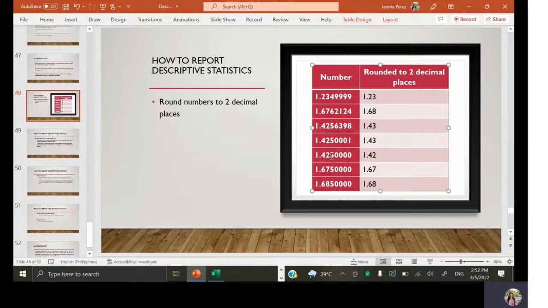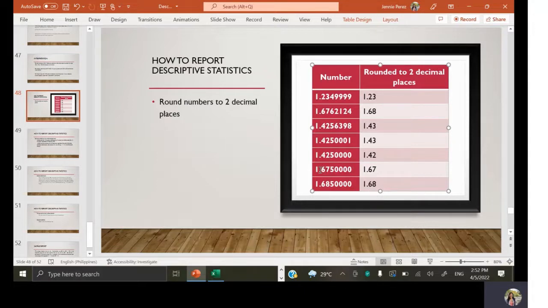For 0.4250000, even though this is 5, we still have to retain the second decimal place number because 5 is not followed by a number higher than 0. So that is 0.42 still. The same thing here, 1.6750000.